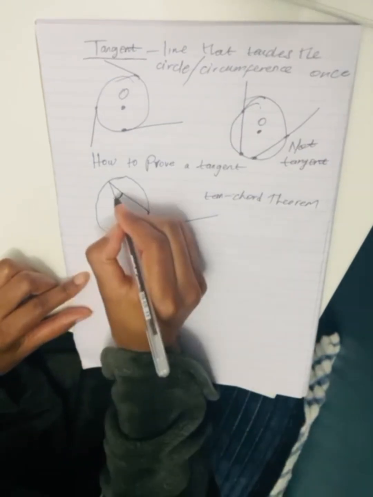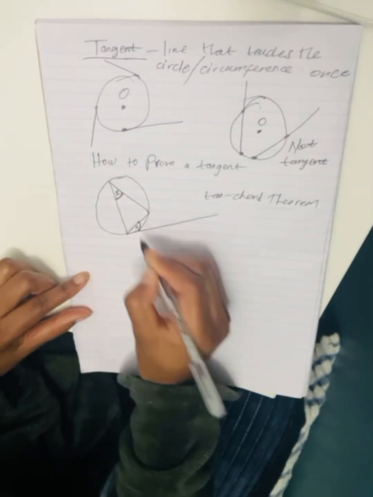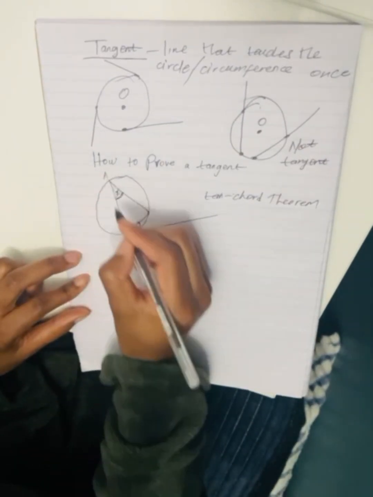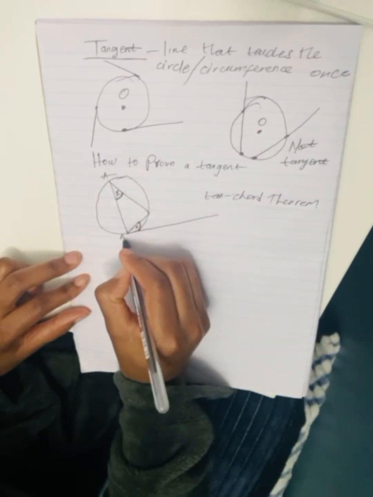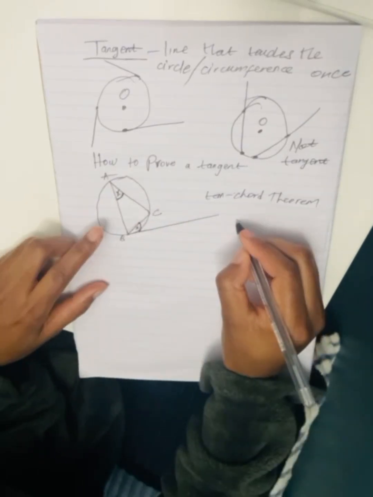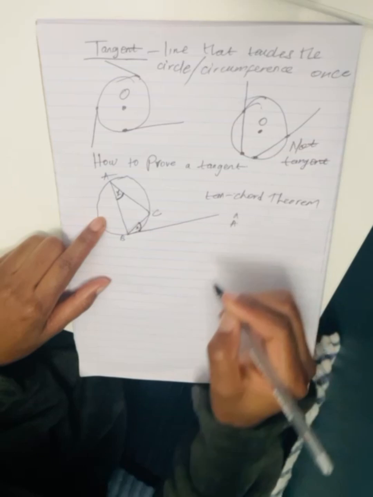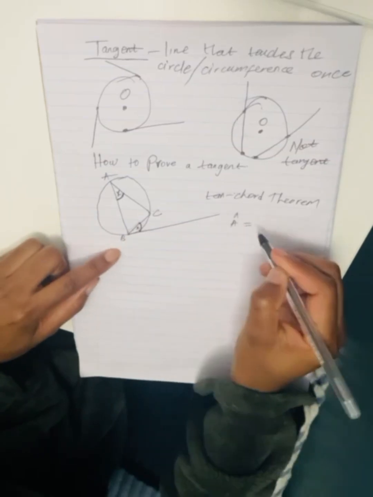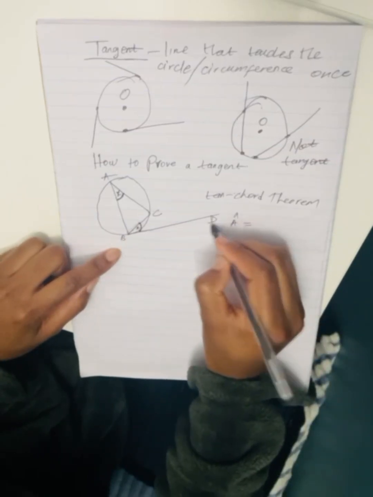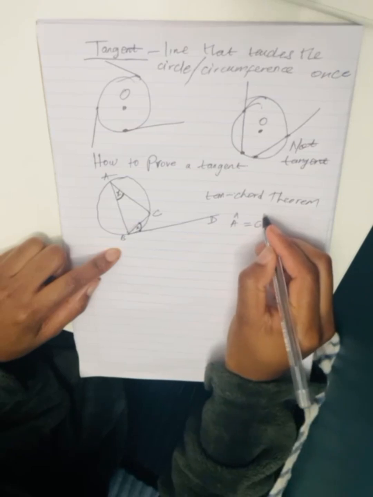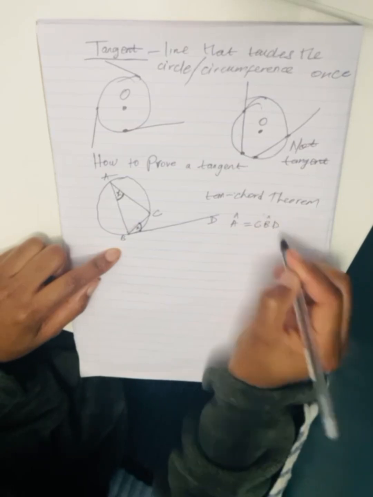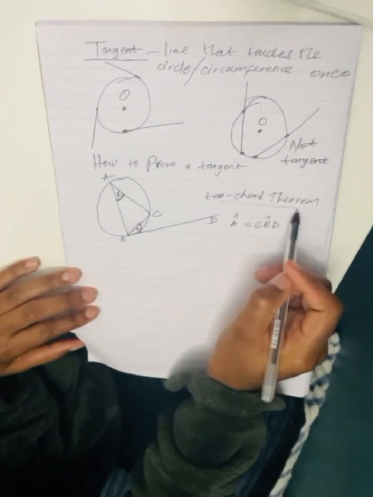If this is an X, this is going to be an X. Meaning that if you have A, B, and C, and let's say you have D here, your angle at A is equal to angle BDC. Why? It's the tan chord theorem.